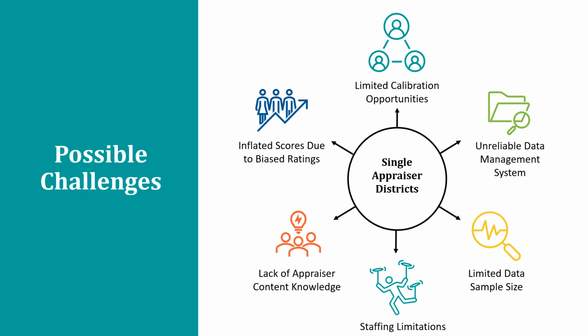Some examples shared include an appraiser might be assigned to their next-door neighbor, their child's Sunday school teacher, or their best friend's wife. These connections may lead to biased scores and negatively impact the reliability of scores. In the next few slides, we will identify best practices that will help alleviate some of these potential challenges.